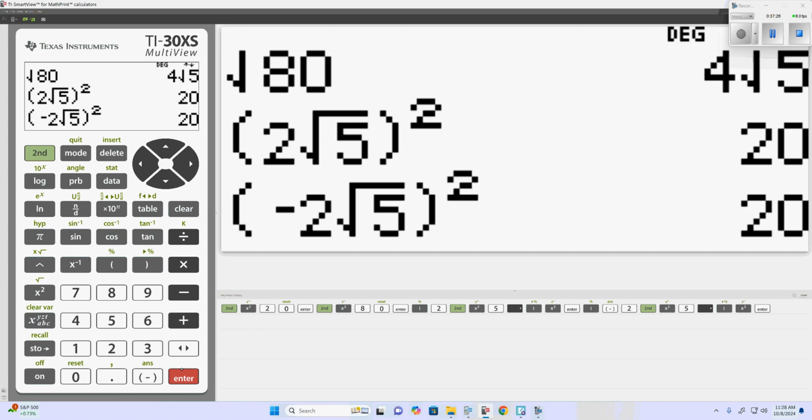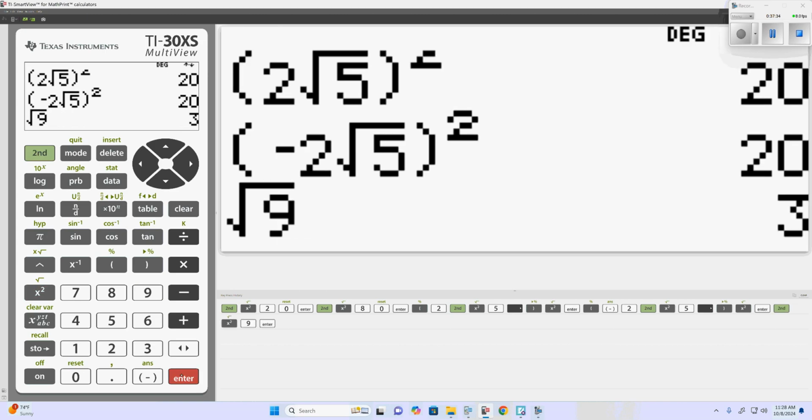Purely mathematically, it could be positive or negative. Because if we took, say, the square root of 9, the square root of 9 is 3, but it could also be negative 3, positive or negative 3. That's why with our difference of perfect squares, we have the positive or negative case.